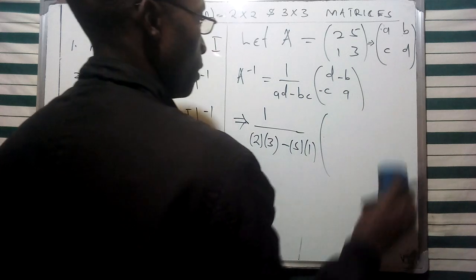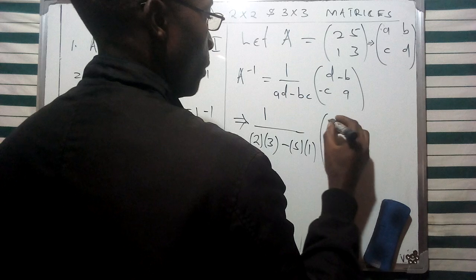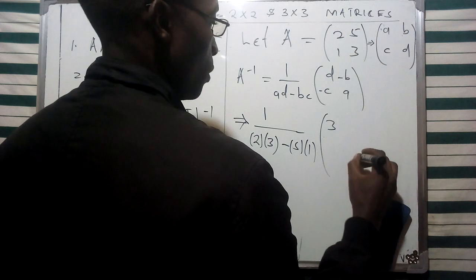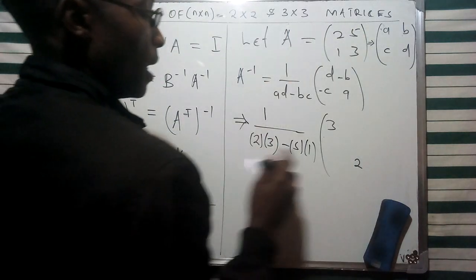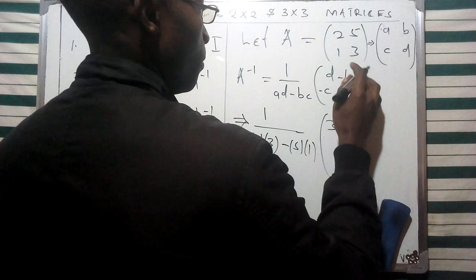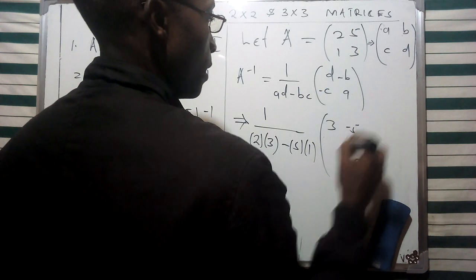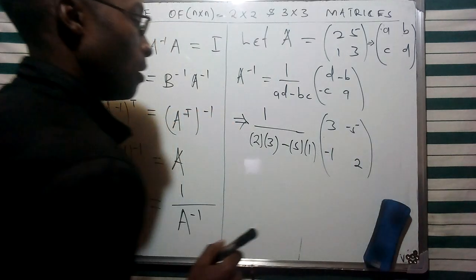And this is going to be given as D, A. So our D is 3, and then A is going to be 2. So we're going to interchange, swap the positions of 2 and 3. And then the elements B and C are going to maintain their positions, but they are going to change their values from positive to negative.